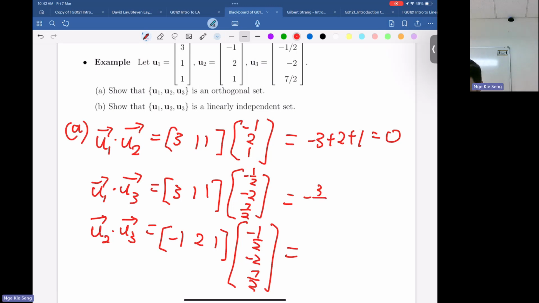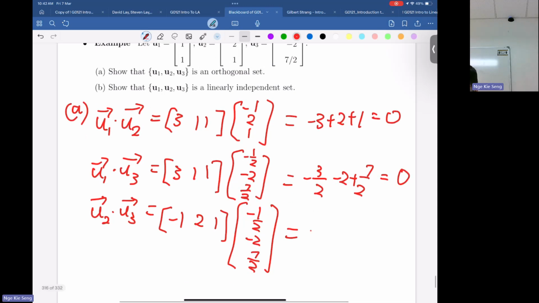So it is 3 over 2 minus 2 plus 7 over 2. Do you get 0? 4 plus 3, 7. So I get 0. Plus 1, you get 1 over 2 minus 4 plus 7 over 2. So what do you get? You also get 0: -7 over 2 plus 7 over 2.